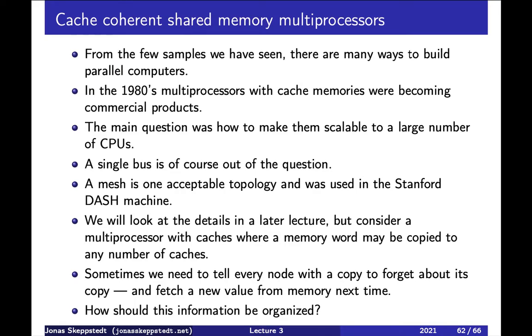Okay, so a more advanced so-called topology is needed to make a large-scale shared memory multiprocessor. One approach is called a mesh, and you can think of it as a chessboard where each square has a CPU and a part of the memory, and they can communicate with their neighbors.